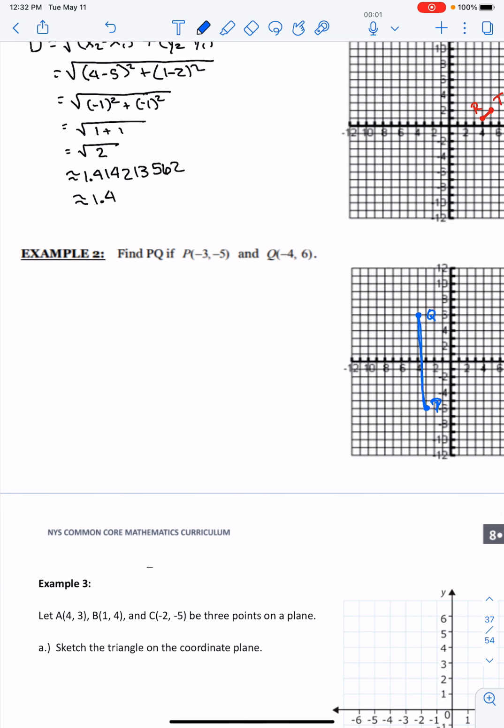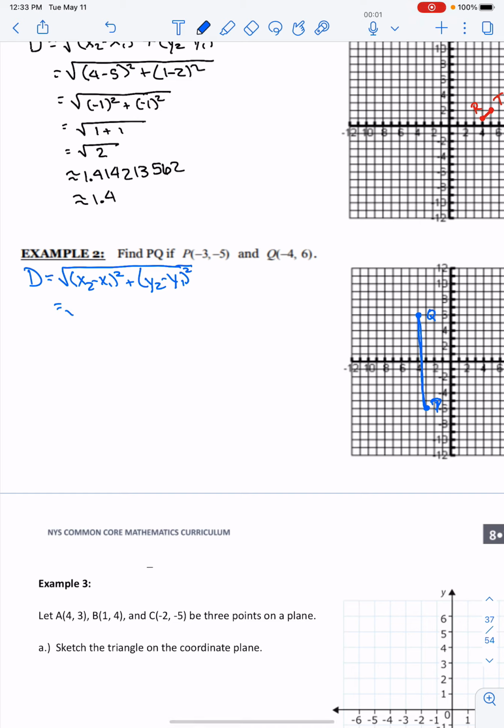So now we've got d, the square root of x2 minus x1 squared. Oh, let me fix that, though. That wasn't right. Has to be a little x1 down there squared. Plus y2 minus y1 squared.